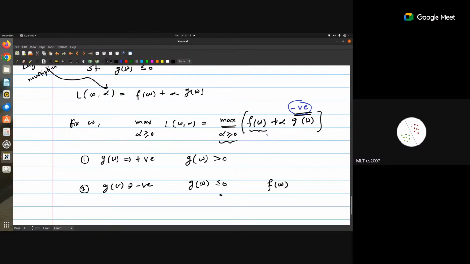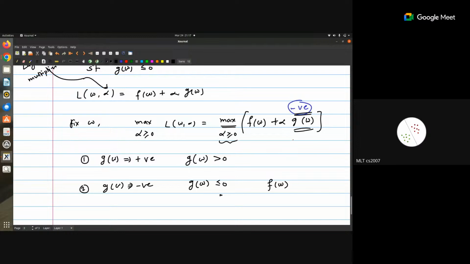So when will it be the maximum? When alpha is 0 times any quantity, negative or positive, it doesn't matter. In that case f of w will be the maximum quantity, right? I hope that is clear. Because if I have any value for alpha other than 0, it will always reduce this function when g of w is negative.